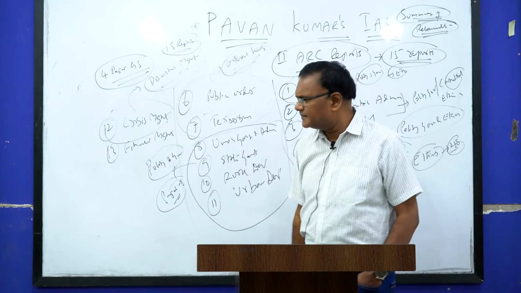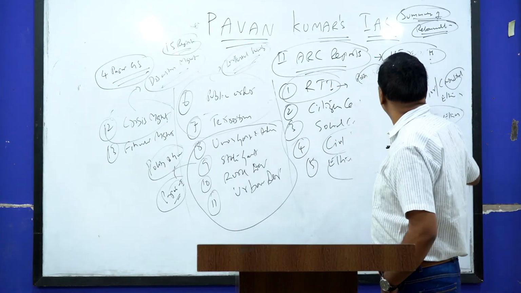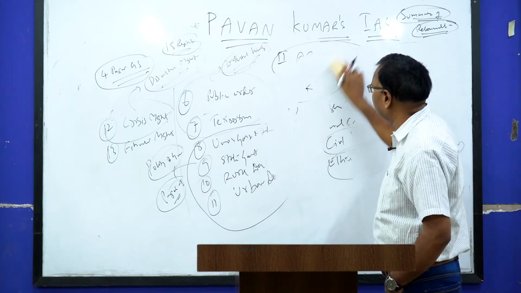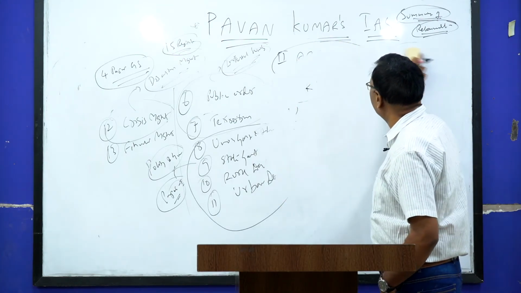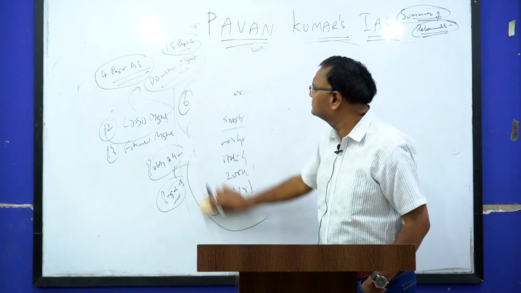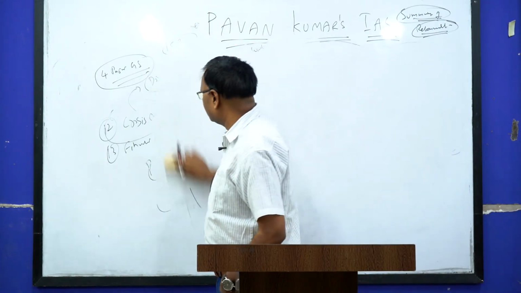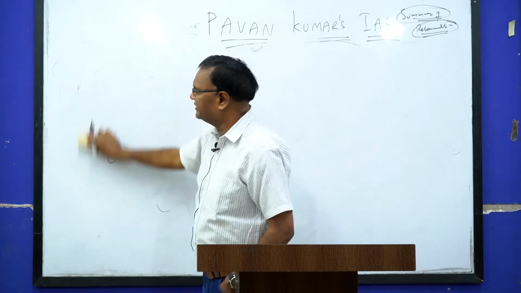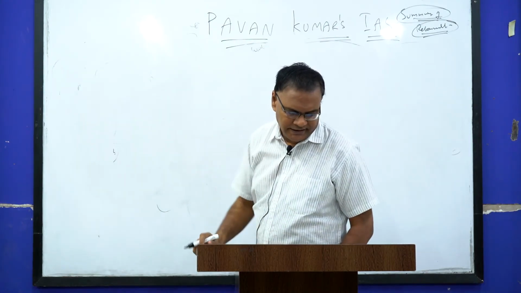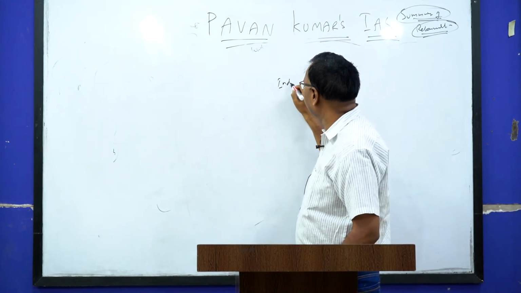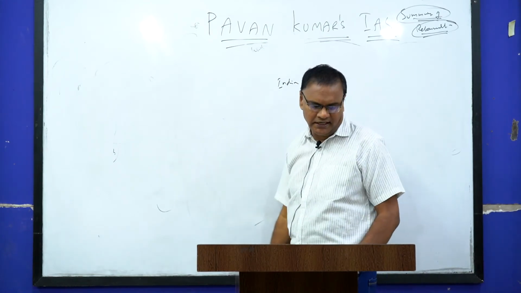Then proceeding further, what are the other topics in your paper 2, polity and governance? You have India and neighborhood relations as part of IR, international relations.